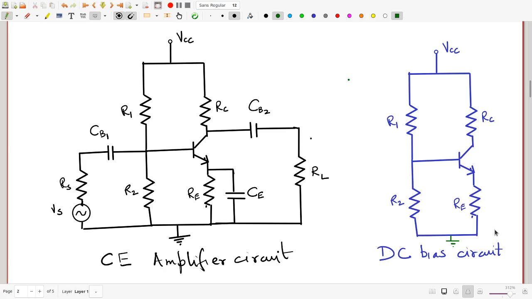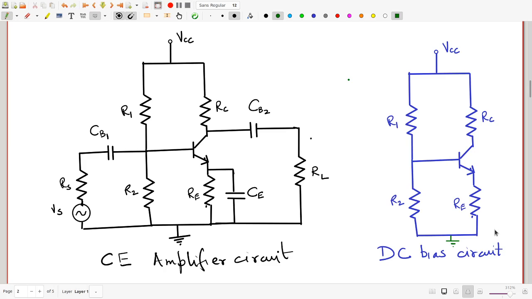But RE, of course, does not know between a good variation and a bad variation, and would try to act as a negative feedback even there. And this will mean that the amplification which the circuit is supposed to provide, where the output voltage should change a lot more than the input voltage signal changes, is going to be hampered by the presence of RE. RE will effectively bring the gain down.